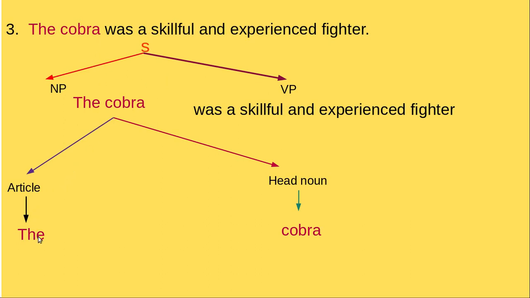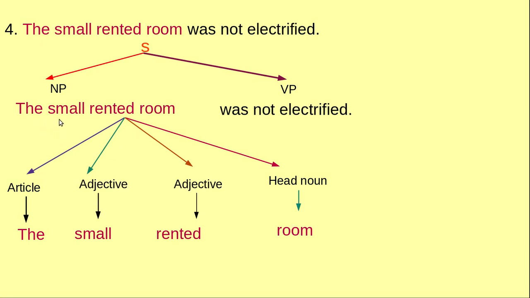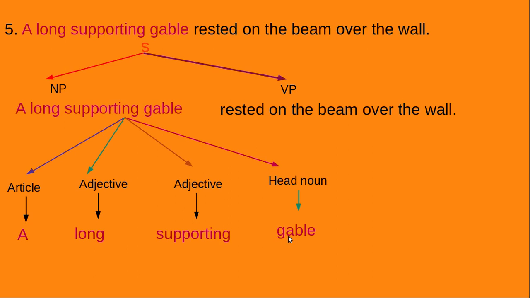The cobra: the is the article or determiner, cobra is the head noun. The small rendered room: the is the article, small and rendered are adjectives, and room is the head word. A long supporting cable: a is the article, long and supporting are adjectives, then cable is the head word, the head noun.